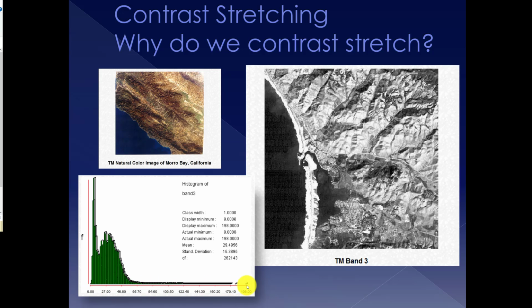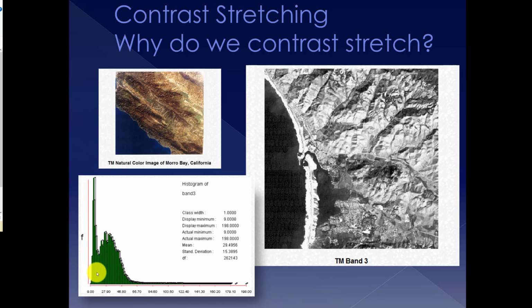The distribution is shown here in this histogram of band 3. And so we're looking at values from about 9 to about 180, with the concentration of pixels being represented down here.